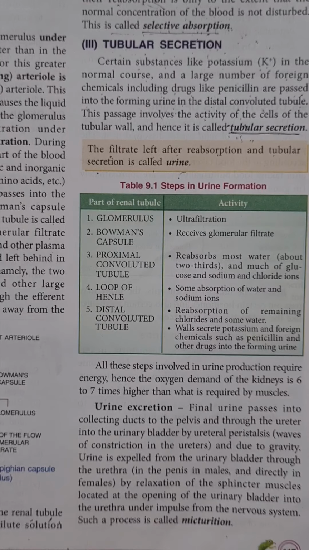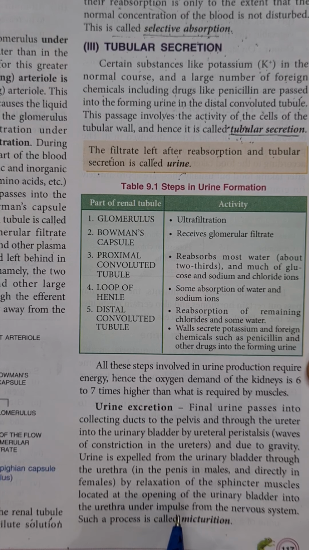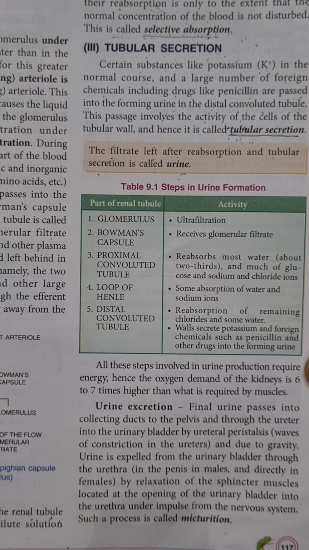It is stored there for a temporary period of time, and then when the urinary bladder is more than half filled, the sphincter muscles which are attached to the urethra, that is the small tube attached to the urinary bladder, relax.